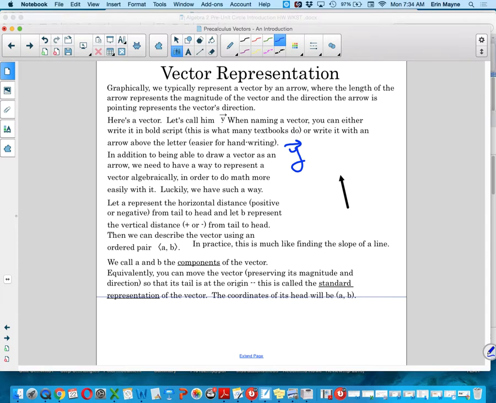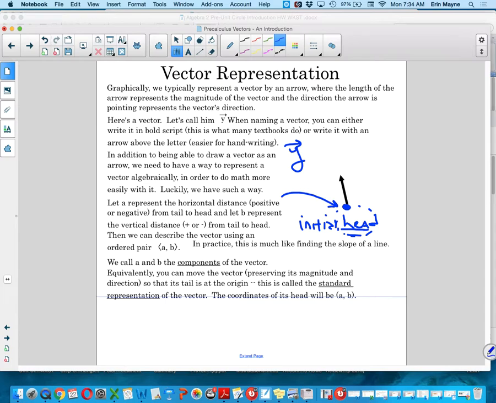And sometimes we're going to need to reference parts of the vector. To do that, we're going to label two ends. We're going to label its starting point as its initial head. So we're going to say, hey, this is my initial point of the vector. We can also reference it as the head of the vector.